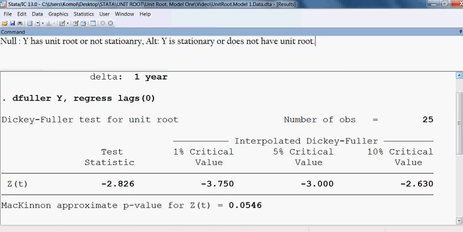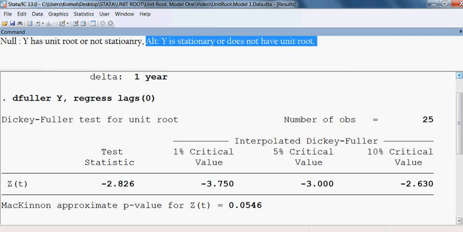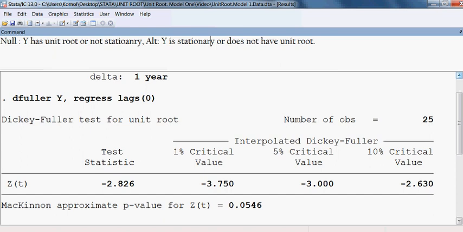That is the alternative hypothesis. What is null? Y has unit root or not stationary. And what is the alternative? Y is stationary or does not have unit root. Okay. And here what is happening?